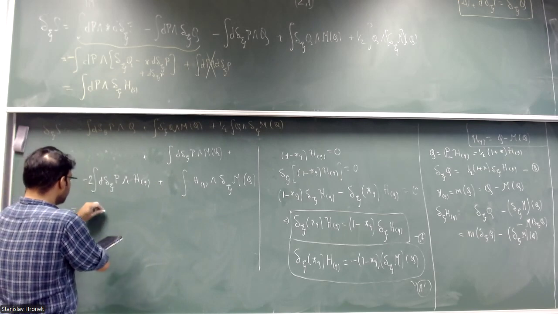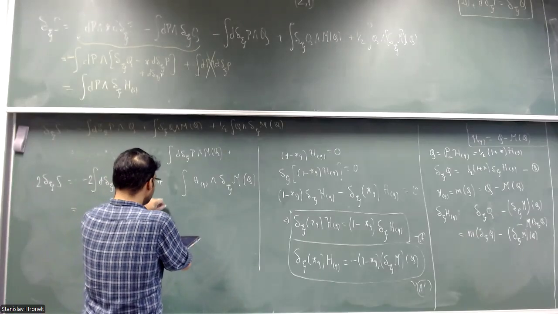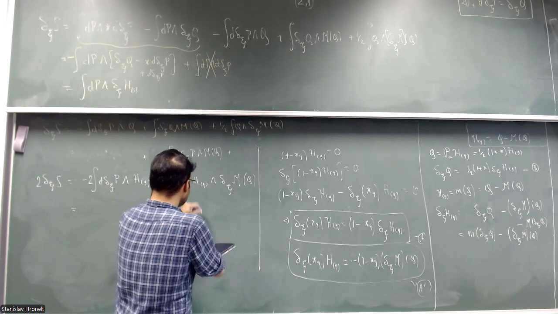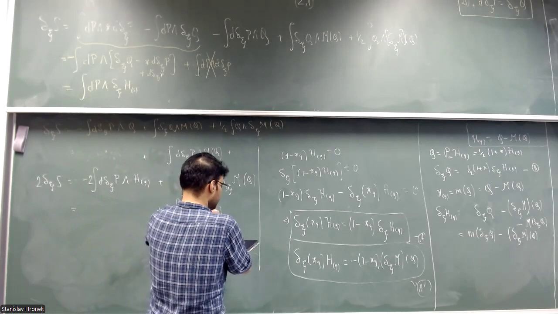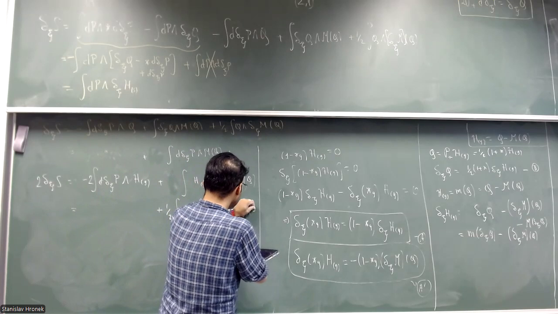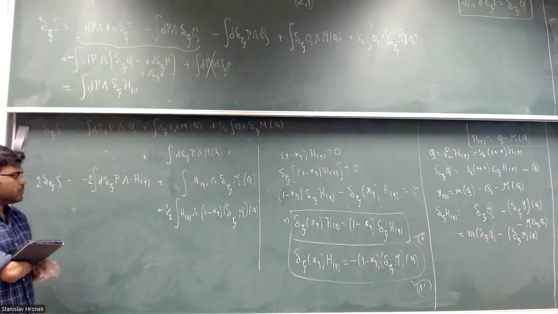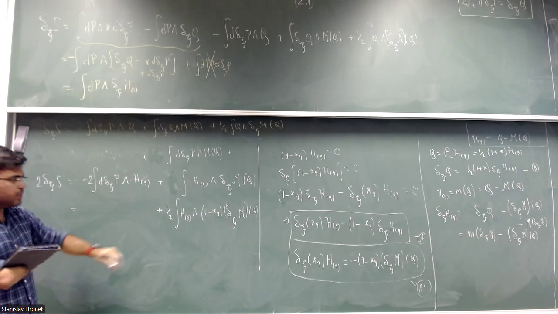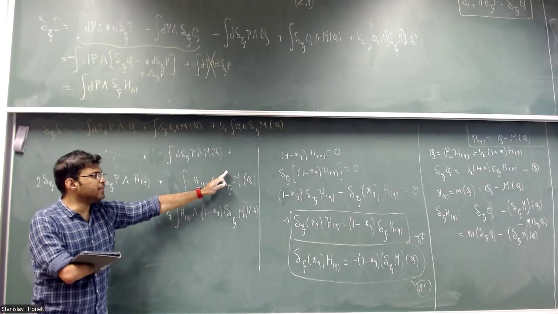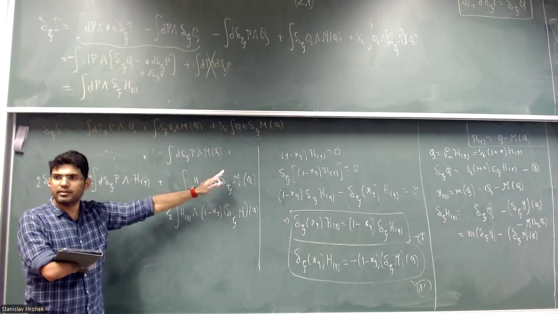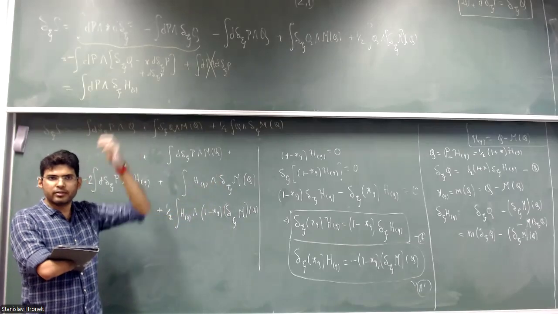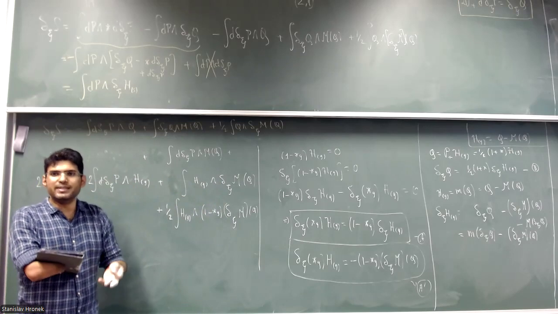So this one, let's keep it as it is for the time being. This one, I'm going to write it. Does this make sense? Because this is self-dual with respect to G, which means that it's only going to talk to the anti-self-dual part with respect to G only. And so I just made it explicit, so to speak.